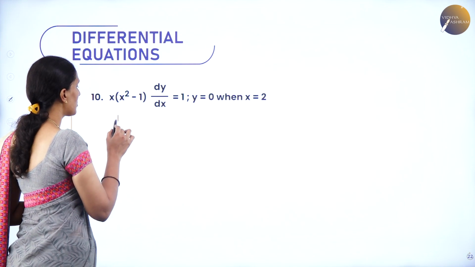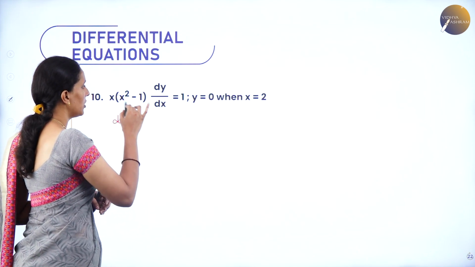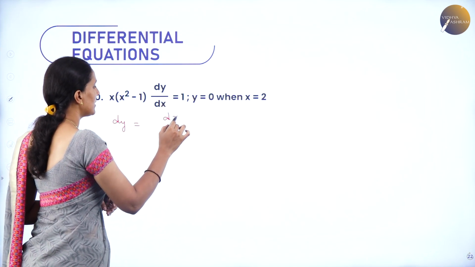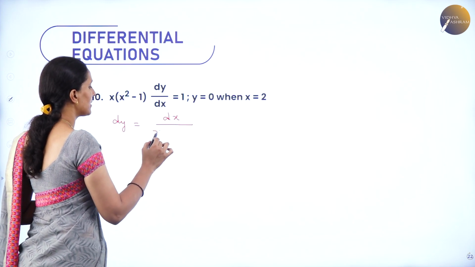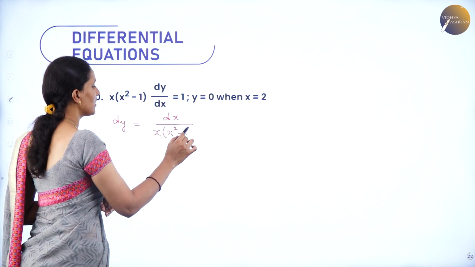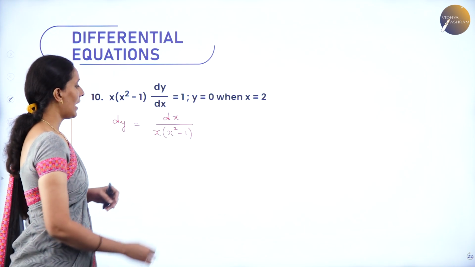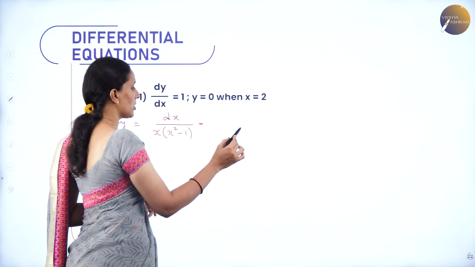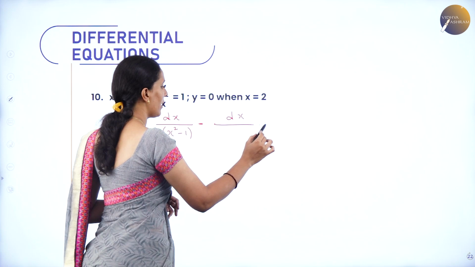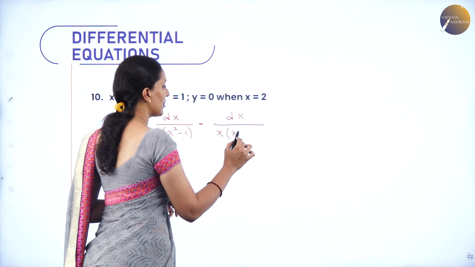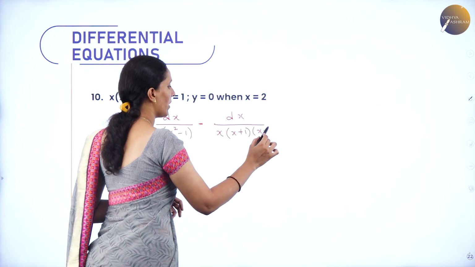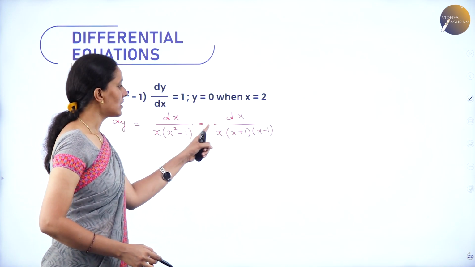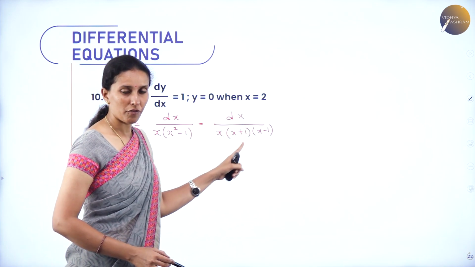So let me write dy on the left hand side and shift all the x terms there. It is dx divided by x(x² - 1). Now x² - 1 can be written as dx divided by x(x + 1)(x - 1). Now this is of the partial fraction form here.